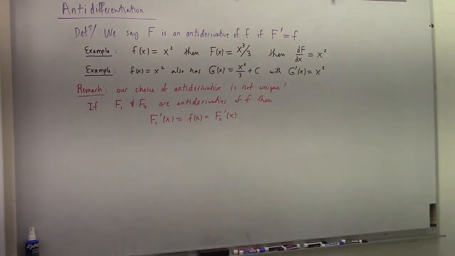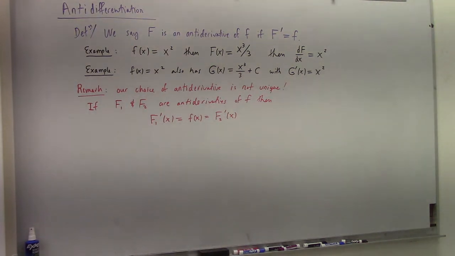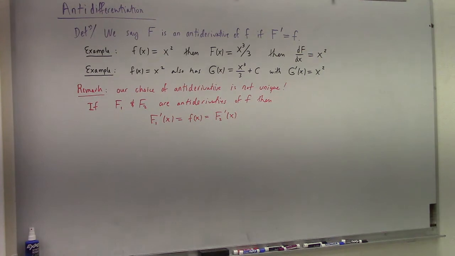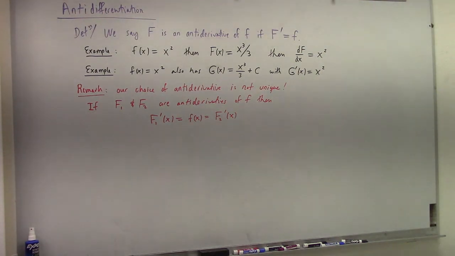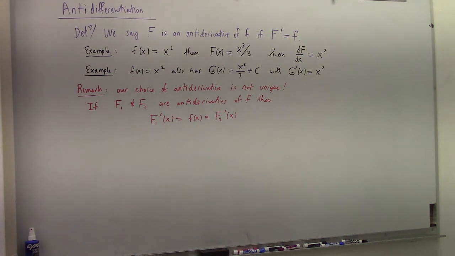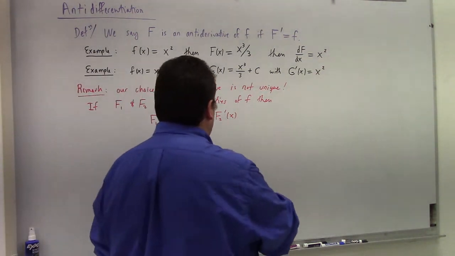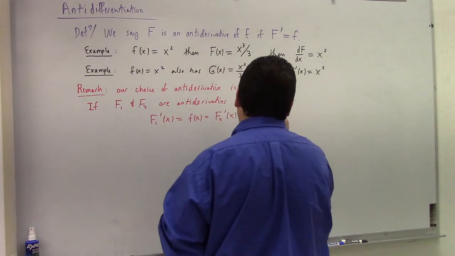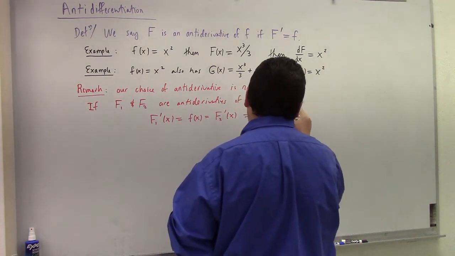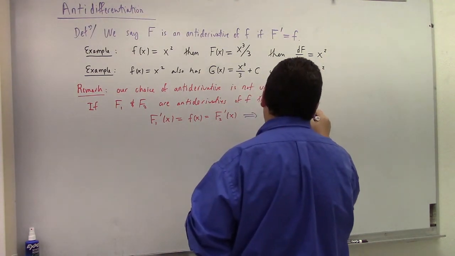Now, what did we learn a week or two ago? If the derivatives of two functions are equal, how are the functions related? Supposing it's true on a connected interval of real numbers, we learned that they're related by adding a constant. So this implies that f1 of x is equal to f2 of x plus some constant.